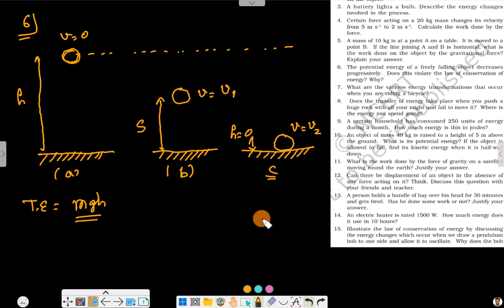And in case of C, it has only kinetic energy as its height is 0. So there will be no potential energy, only kinetic energy, so its total energy is equal to half m v2 square.